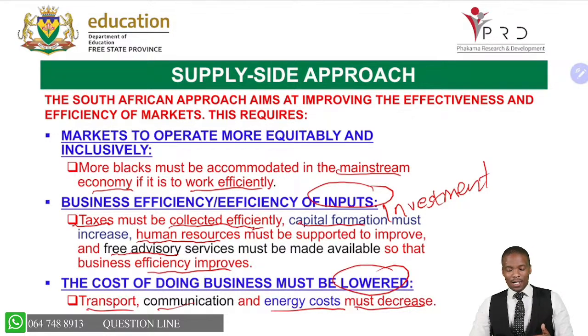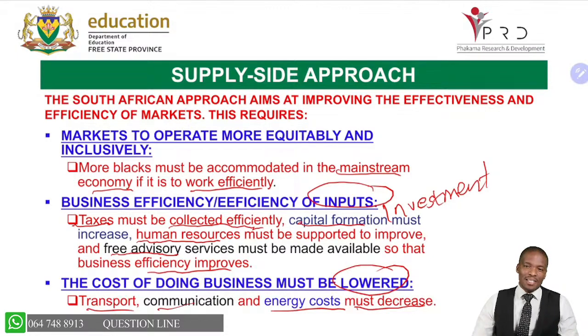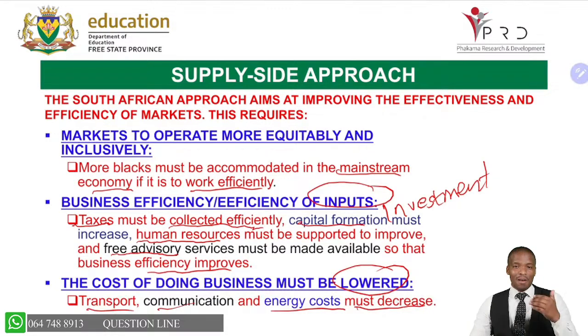The other one is the access of facilities such as the network. You'll find that everywhere where businesses try to establish, network does not operate efficiently there. How are they going to achieve economic growth and development in the country? So all those things must be available, and they must be lowered.